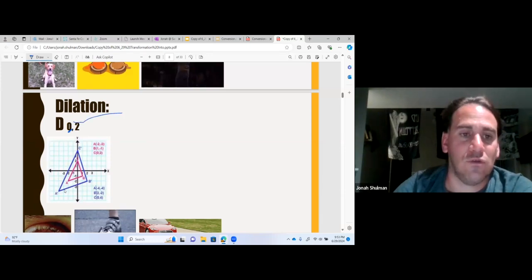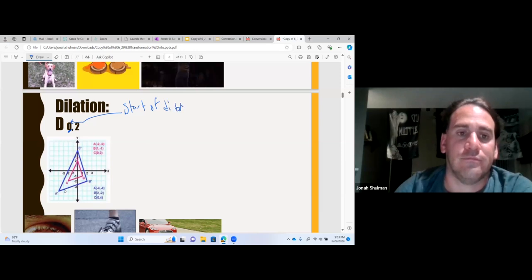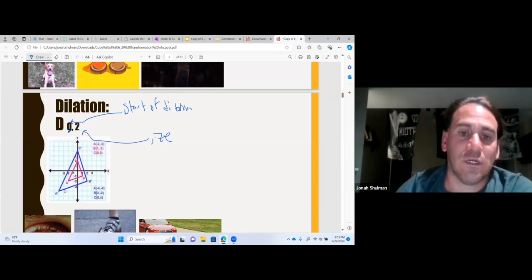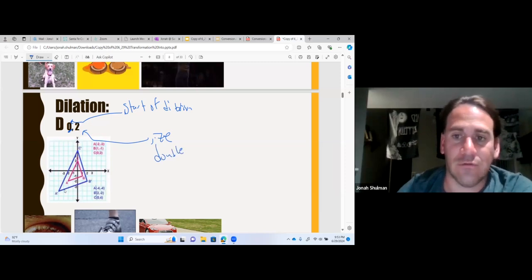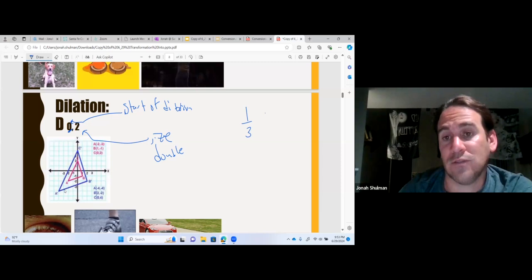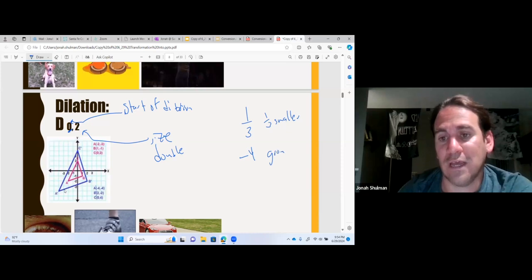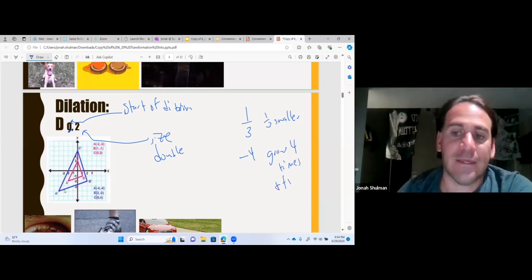So this is the start of dilation, and this means the size. So this means we're going to double in size. If there's a fraction here, this would be 1/3 in size, 1/3 smaller. And if it's a -4, this is grow 4 times and flip over. They could have that too.